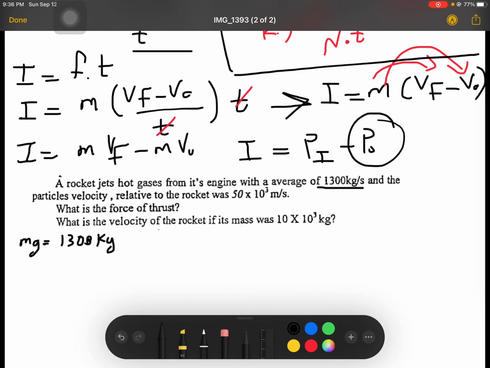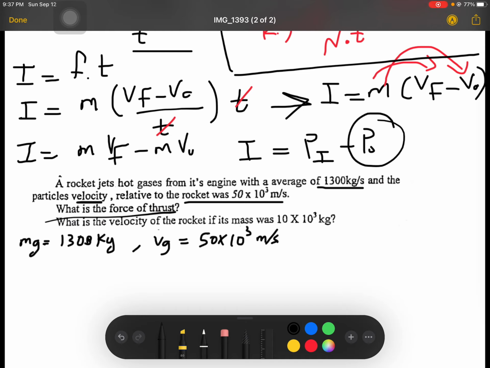And the particles' velocity, so the rocket was 50 times 10 power 3 meters per second. And this is the velocity of gases, Vg, equal to 550 times 10 power 3 meters per second.